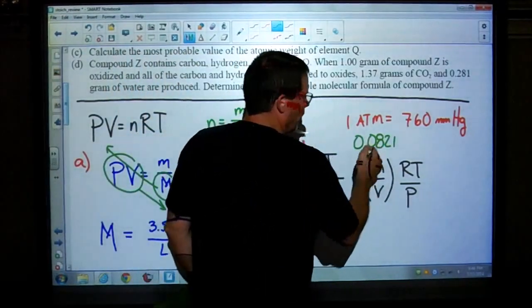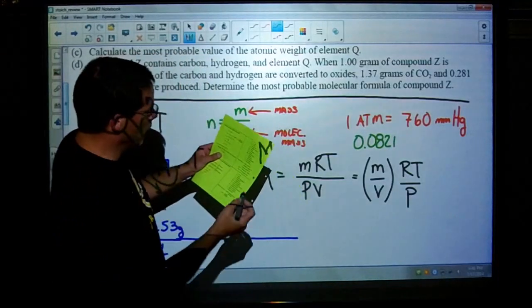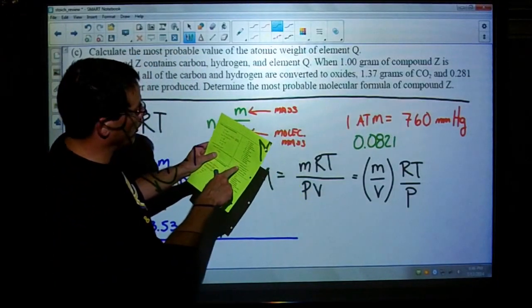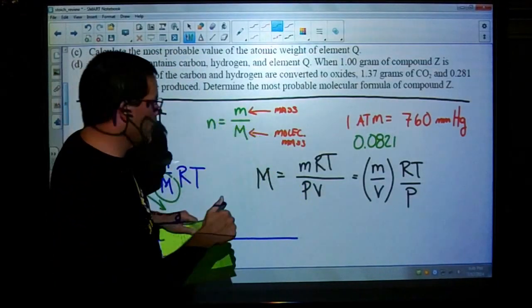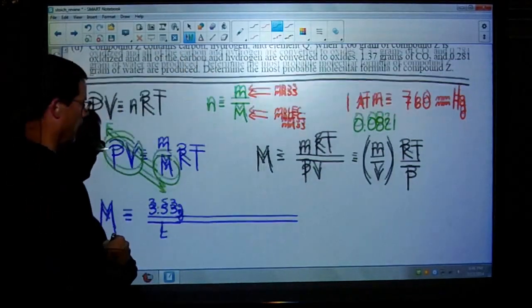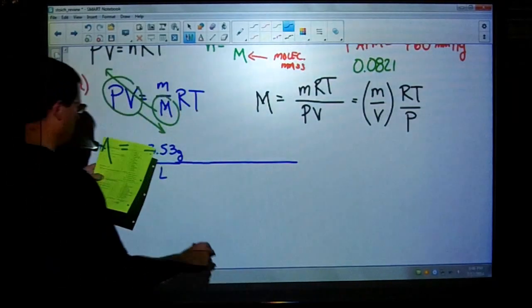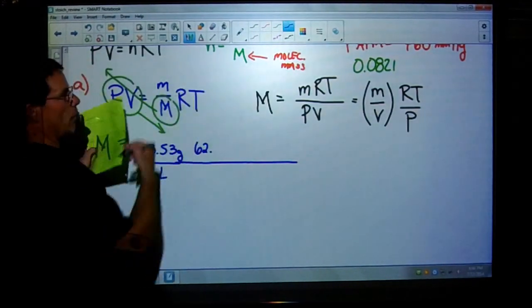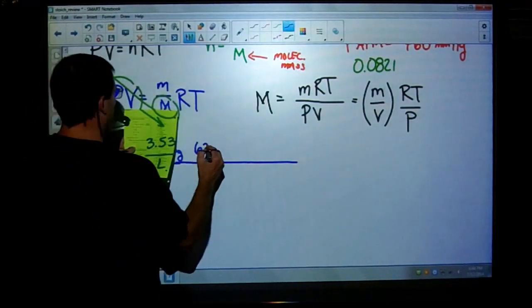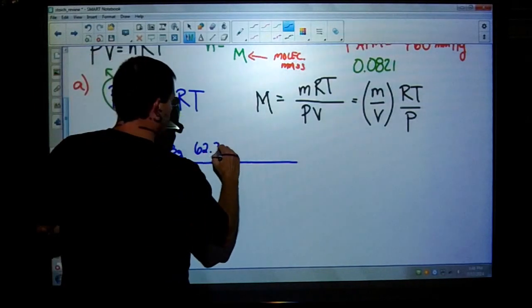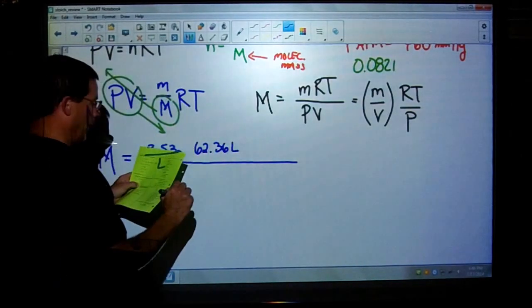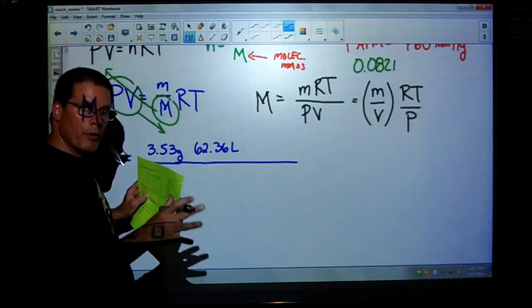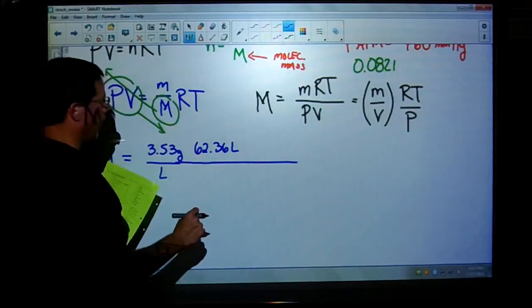So we could use this one, but we also could use the one that's listed near the bottom where it says gas constant R, which is this value here. It's a 62, and I don't use it very often, but if I don't have to make a conversion, I won't. So 62.36 liters, and again, we're going to show all of our units when working this out.